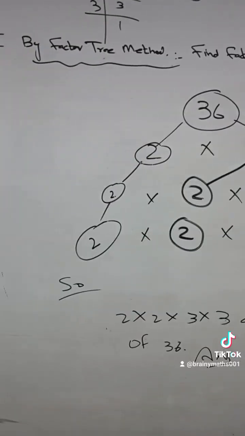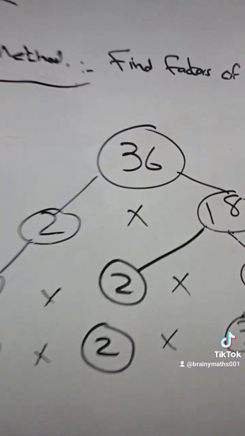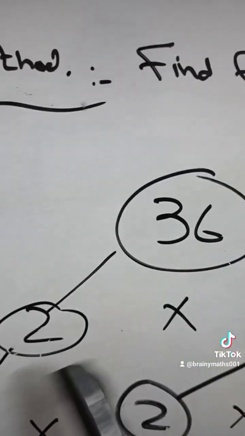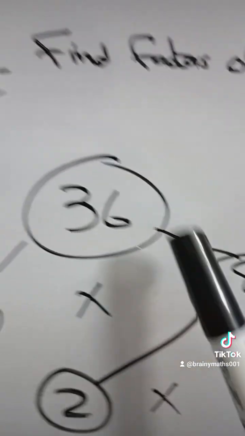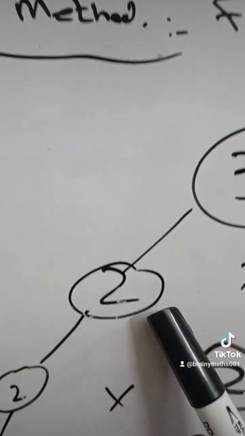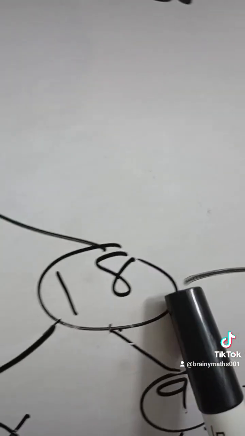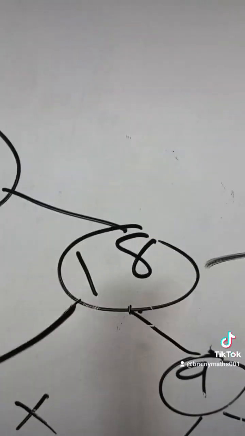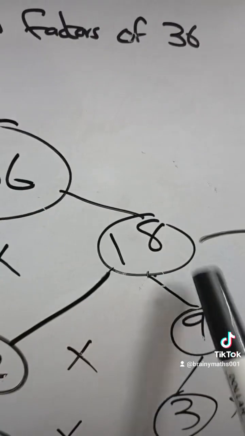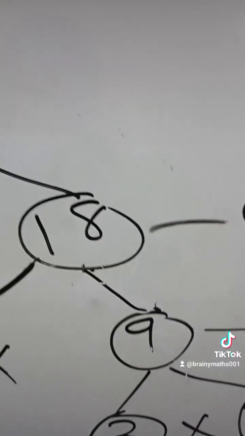You got it? I repeat again. 36, 2 eighteens are 36. This 2 is a prime number. This will never be solved again. But 18 is a composite number, so we will solve it again. This 2 will remain the same in the next line. We will solve this 18. 2 nines are 18. Okay?